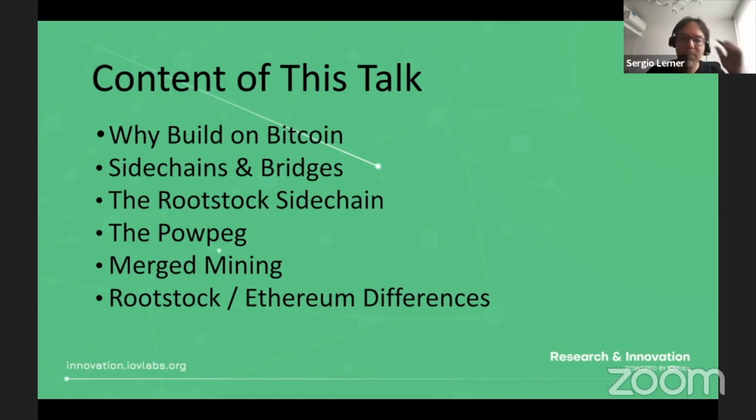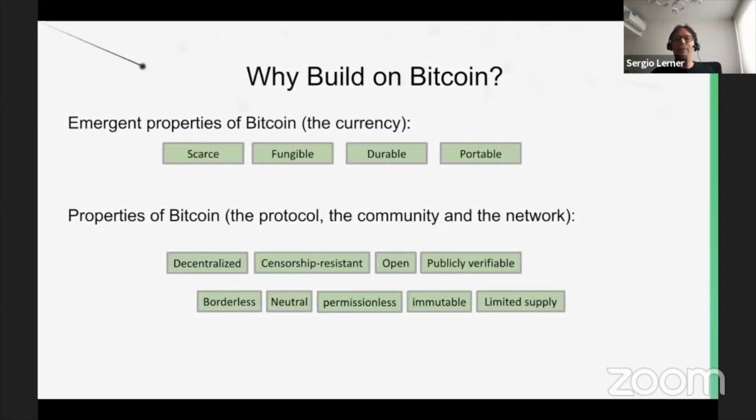And then we'll get a glimpse of what Rootstock is and what its main capabilities are. Last, I'm going to show the main differences between Rootstock and Ethereum. Because if you already know how to program Ethereum smart contracts, you will see how easy it is to port them to Rootstock.